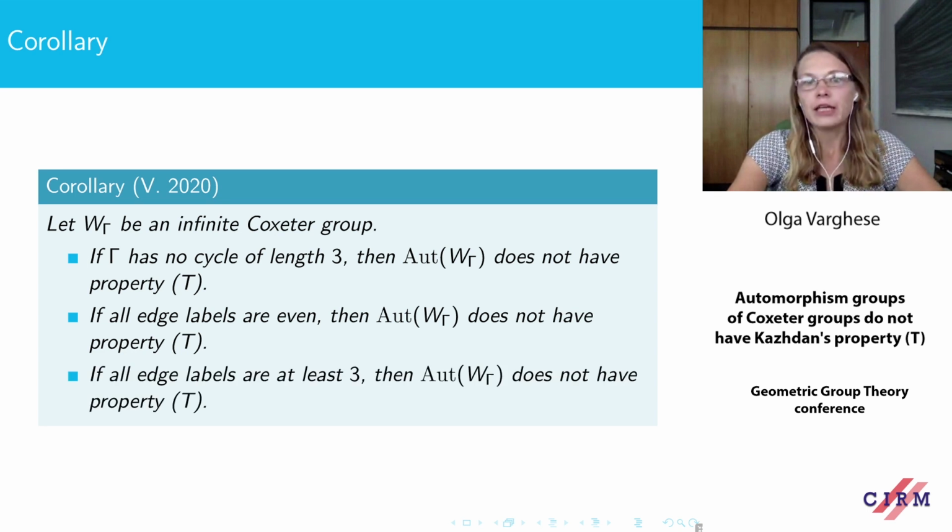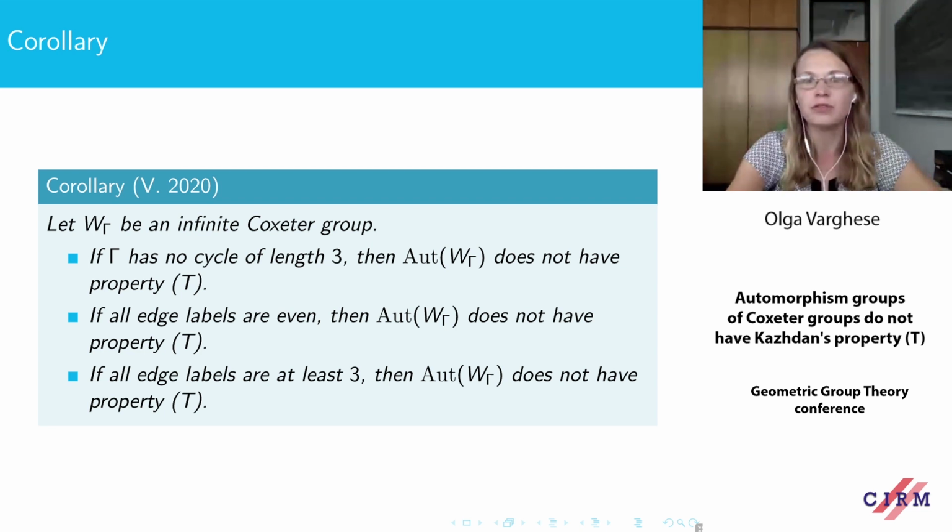So if all edge labels are at least 3, then Out W gamma does not have property T. It follows from a characterization of finite Coxeter groups that if gamma has at least 3 vertices and all edge labels are at least 3, then all non-trivial special subgroups of W gamma are infinite and irreducible.